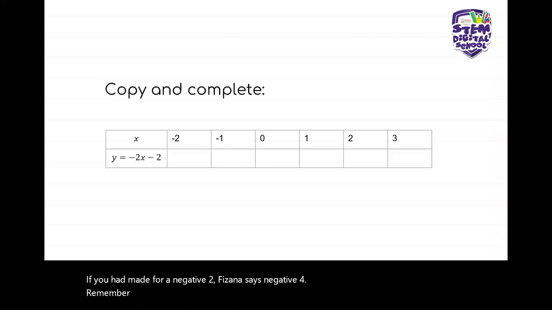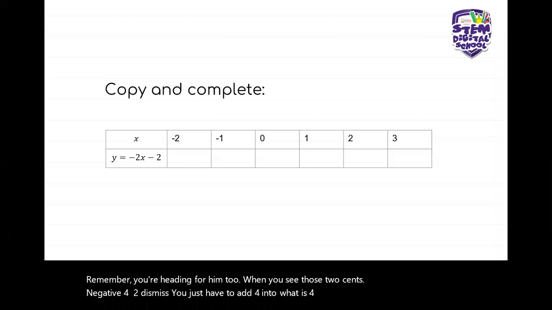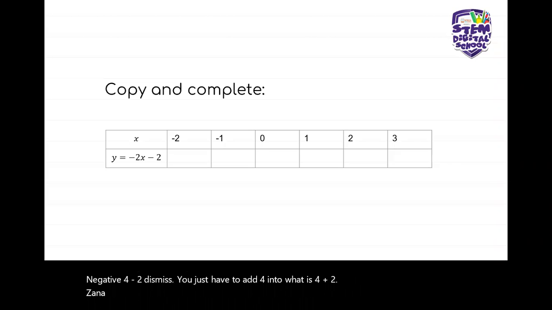When you see those two signs, -4 minus 2, this means you just have to add 4 and 2. What is 4 plus 2? 4 plus 2 will be 6. But remember, there's a negative sign. So you're adding two negative numbers, therefore -6 is the answer. Yes, I agree. I fully agree with you.